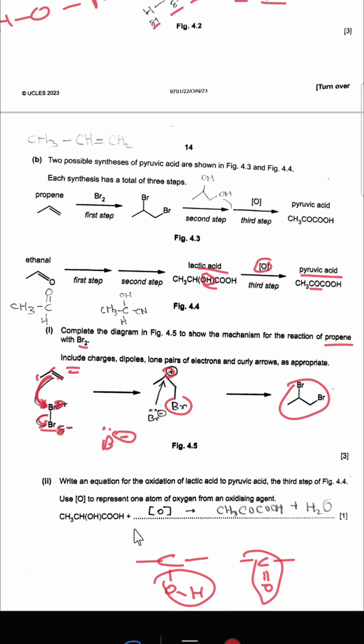This occurs due to the reaction with an oxidizing agent. So here we denote the oxidizing agent as oxygen in brackets. So CHOH would be converted to C=O, that is the OH group and H are removed, thus water is removed and oxygen is added. So this would be the reaction.